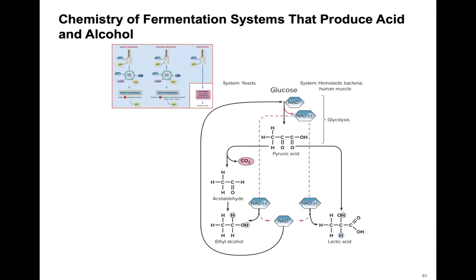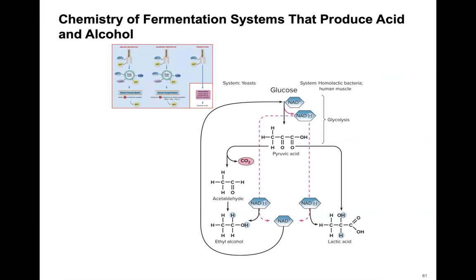So here is the overall chemistry of the fermentation systems that produce acid or alcohol. In both cases, the final electron acceptor is an organic compound. Acids and alcohols are organic compounds. In yeast, pyruvic acid is decarboxylated to acetaldehyde, and the NADH given off in the glycolytic pathway reduces acetaldehyde to ethyl alcohol.